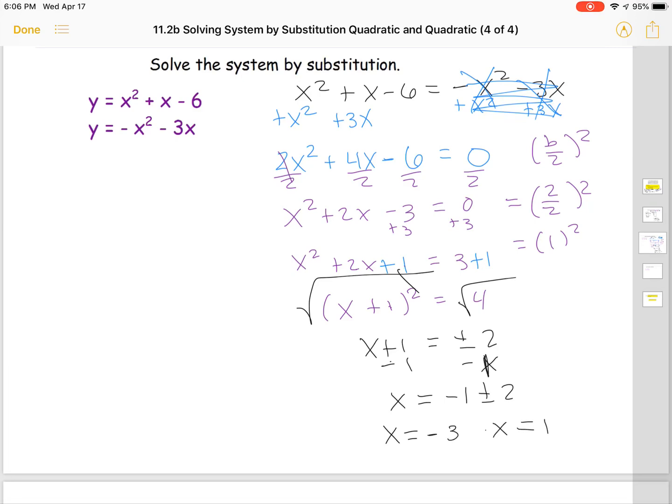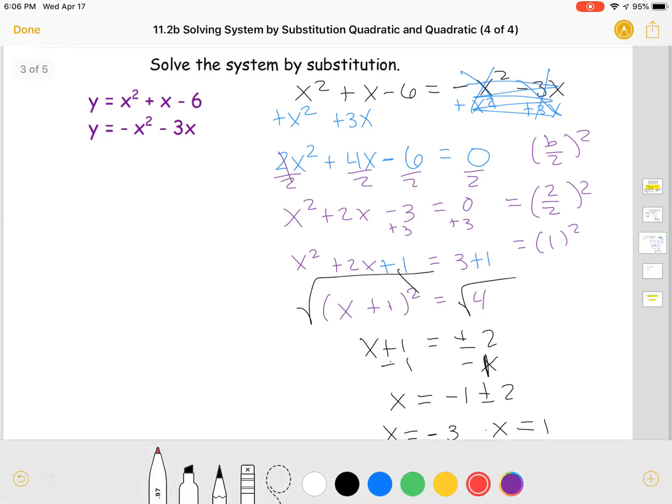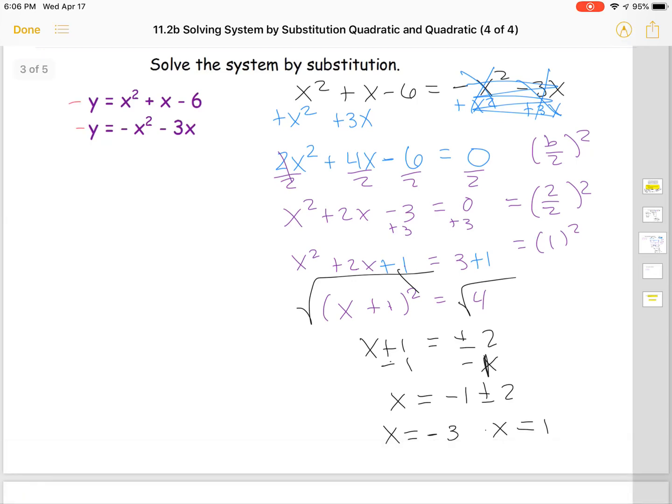And then we'll just plug those in. Again, it doesn't matter which formula or which original equation you plug them into, you just have to pick one. So we have a negative times negative 3 squared minus 3 times negative 3, which is a negative times 9 plus 9, so that's just 0.